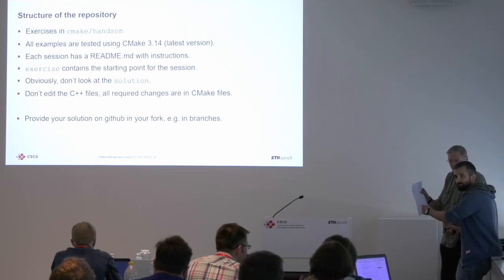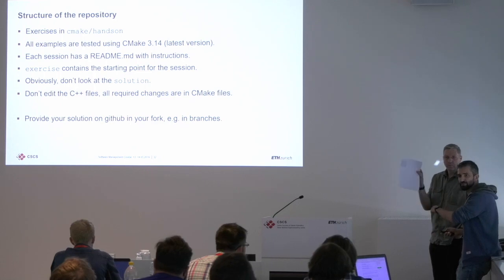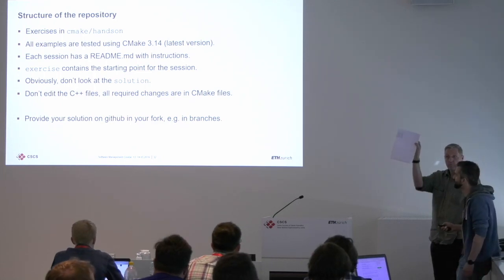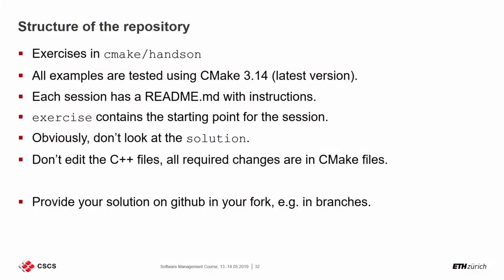And if you don't have access to Dint, we have a course login for you. Each folder contains some setup, some CMake files, some C++ files as a starting point, and also the solution, which you probably should not look at at the moment. We will discuss them afterwards. And I think in all the examples, you don't have to edit C++ files. All you have to do is edit CMake files.